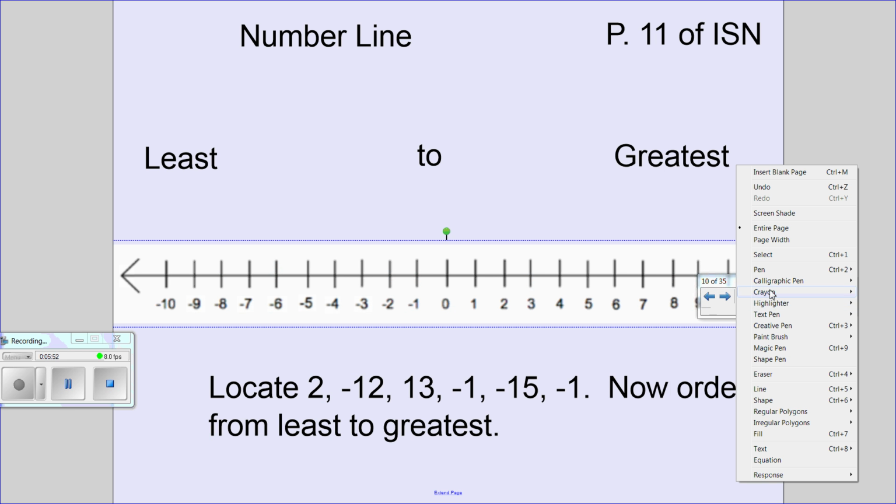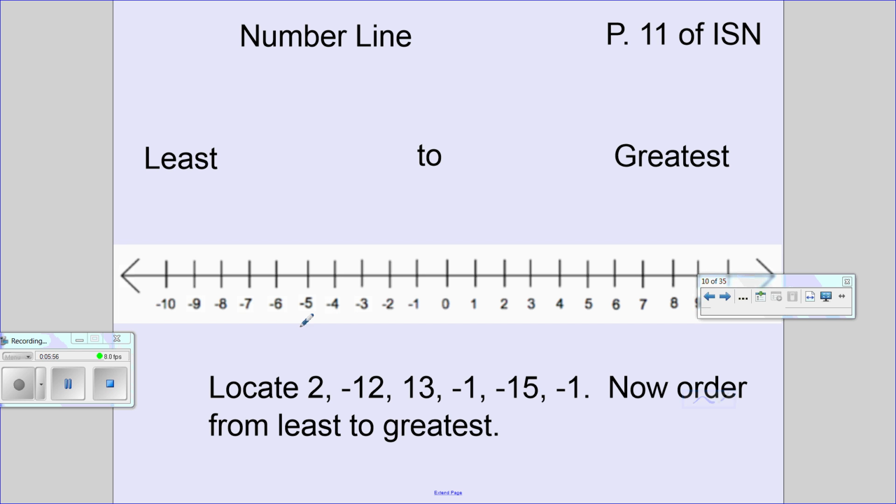Next one. Let's plot these. Let's use a different color. I plot 2. I plot -12 right here, and -10. I plot 13. Plot -1. -15 will be back here, and -1 again.